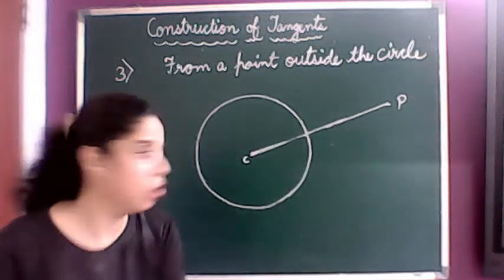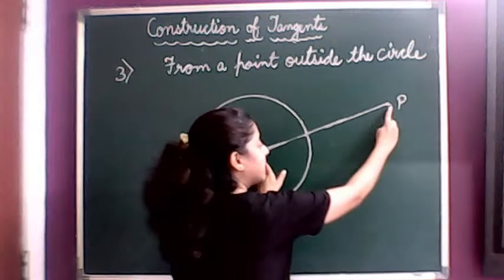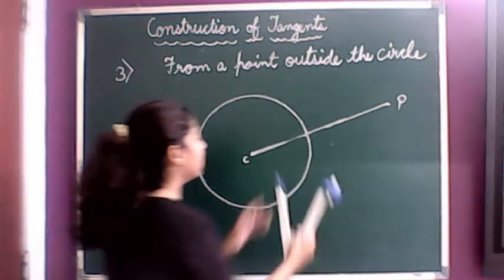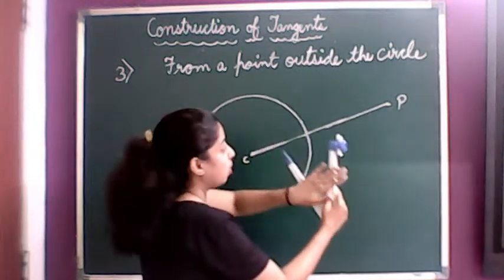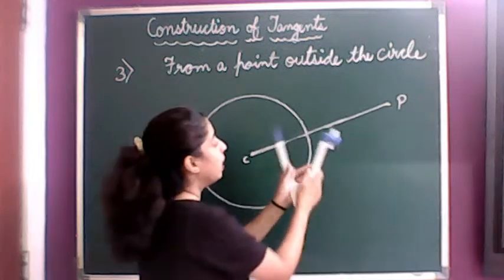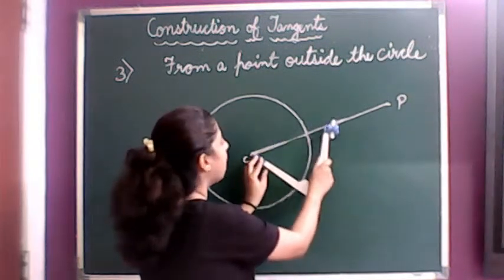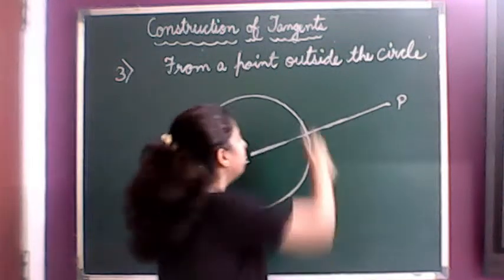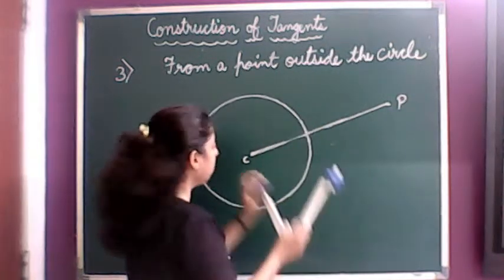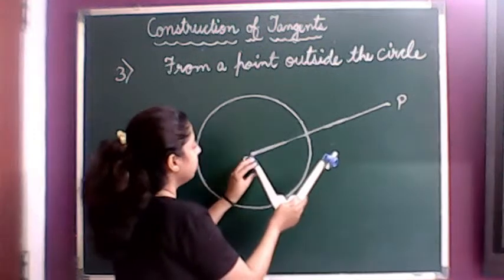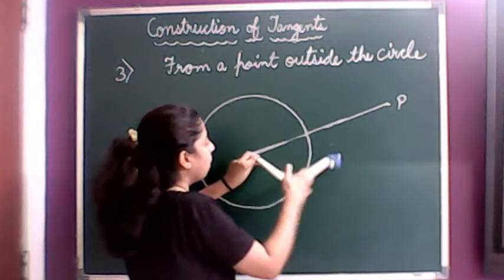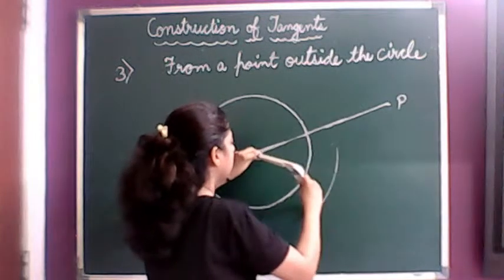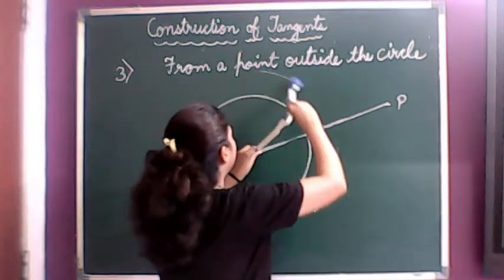Now what you have to do? You have to make the bisector of this line segment CP. Now make sure that when you make a bisector, an arc like this below and one arc above.